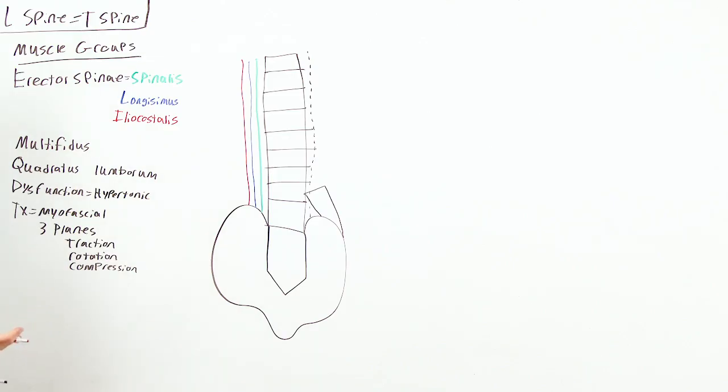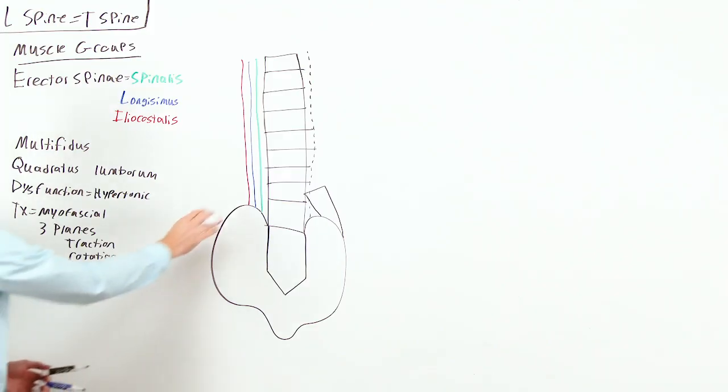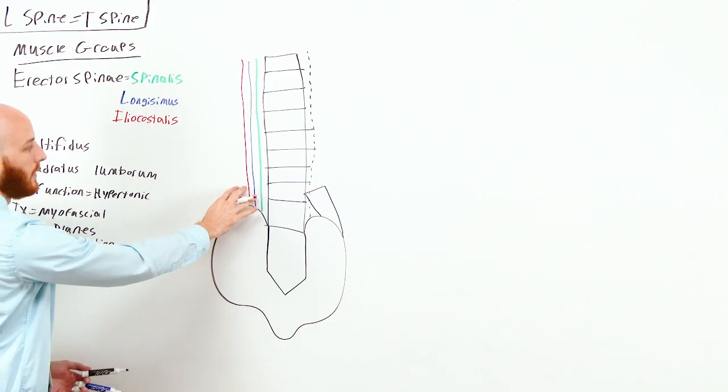So which direction do I move the tissues? As we discussed in one of the previous lectures, myofascial technique can be direct or indirect. Remember that direct means engaging the barrier, and indirect means engaging the freedom, or doing what the muscle can do. So for our example, these muscle groups induce spinal extension.